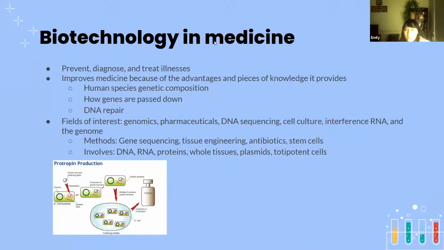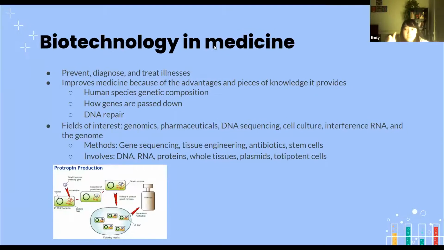All right, biotechnology in medicine. Again, it is used to prevent, so stop the happening of, diagnose, and treat illnesses. So these are the three aspects, and it can also be used to improve medicine because of the knowledge it provides.